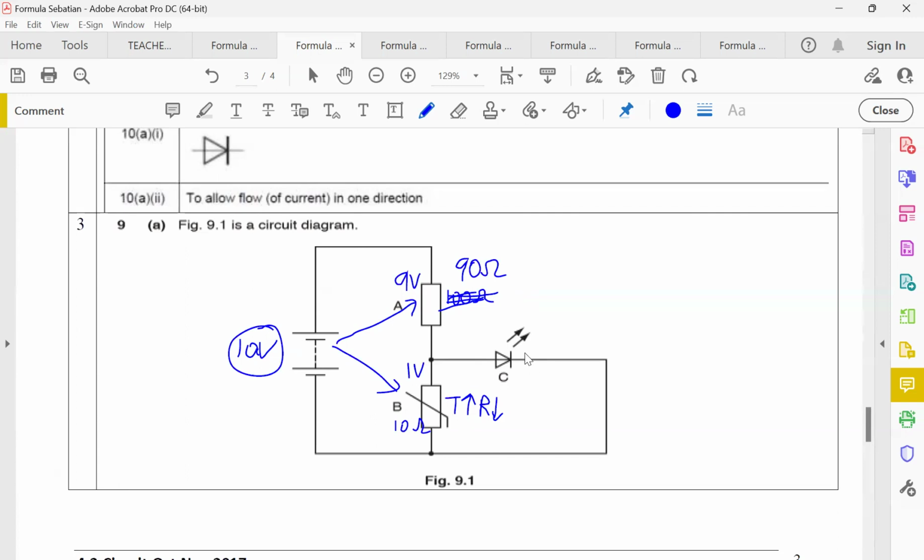In this scenario, this LED only has 1 volt. So maybe it did not hit the minimum threshold for it to start blinking. Then right now the different scenario changes.